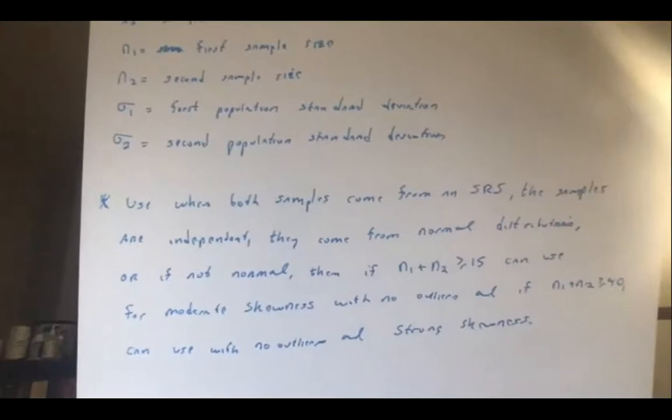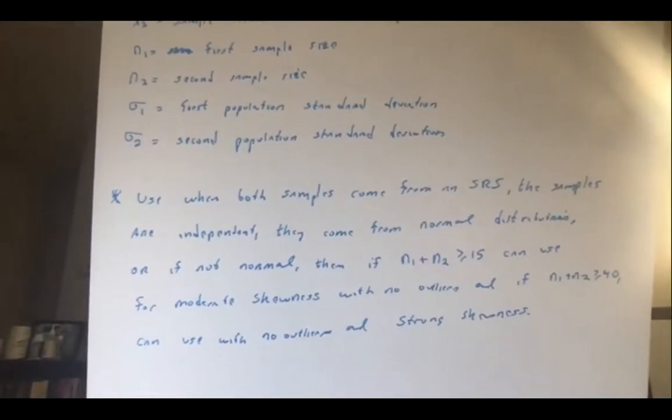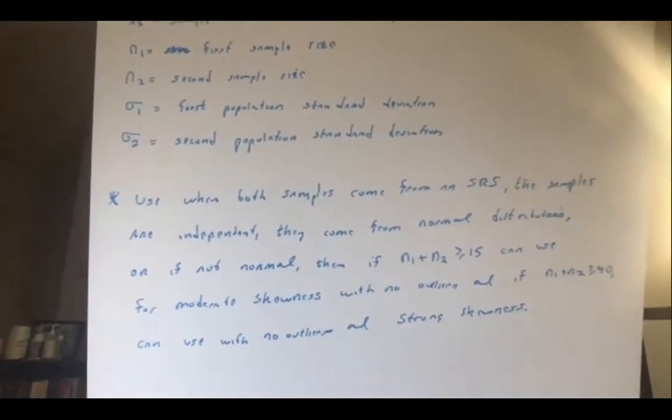And if n1 plus n2 is greater than or equal to 40, you can use it with no outliers and strong skewness. Of course, I will be posting these, but I will give you a few minutes to write them.